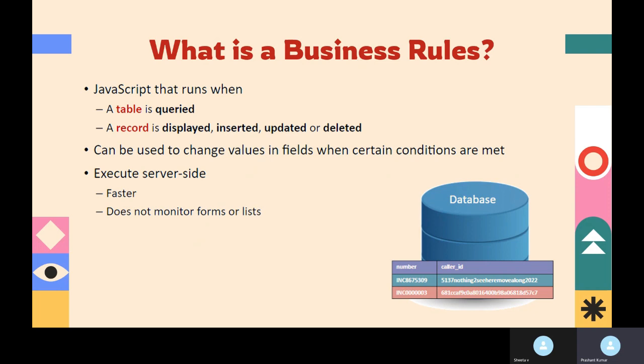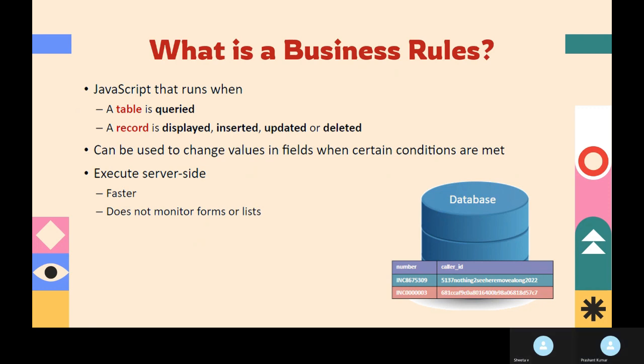If a script has very few lines of code, it will execute very fast. Generally we don't have very big pieces of code executing in business rules, although we can write that much code.